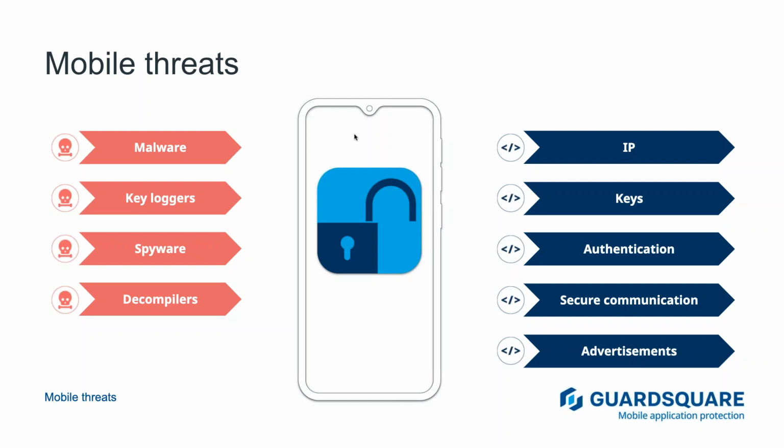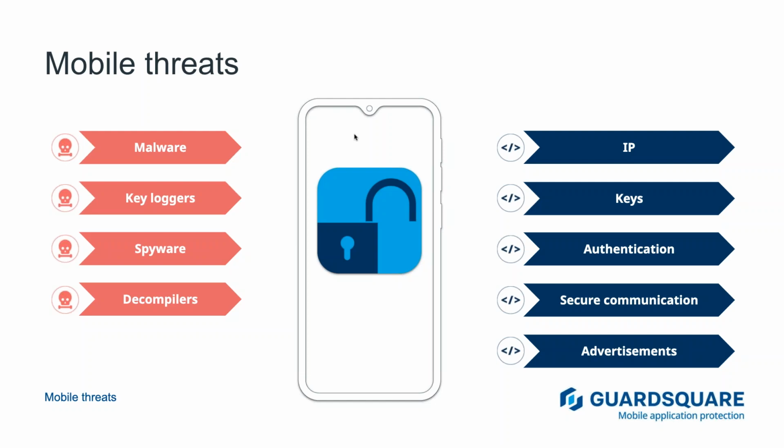So the things you really wish to protect, of course, are the intellectual property. It takes a lot of effort to develop an app, and it's not really nice if somebody would somehow steal all the effort that you did, copy your work, and reuse it in his own projects.